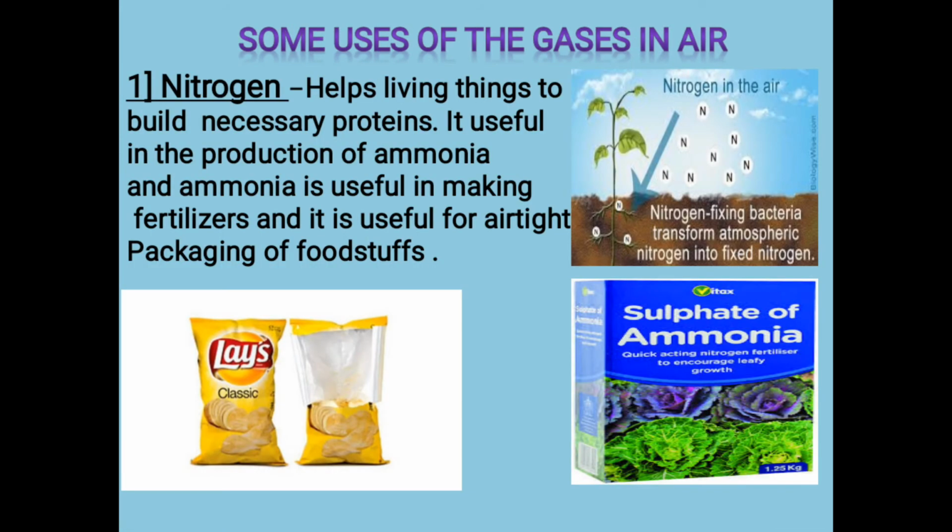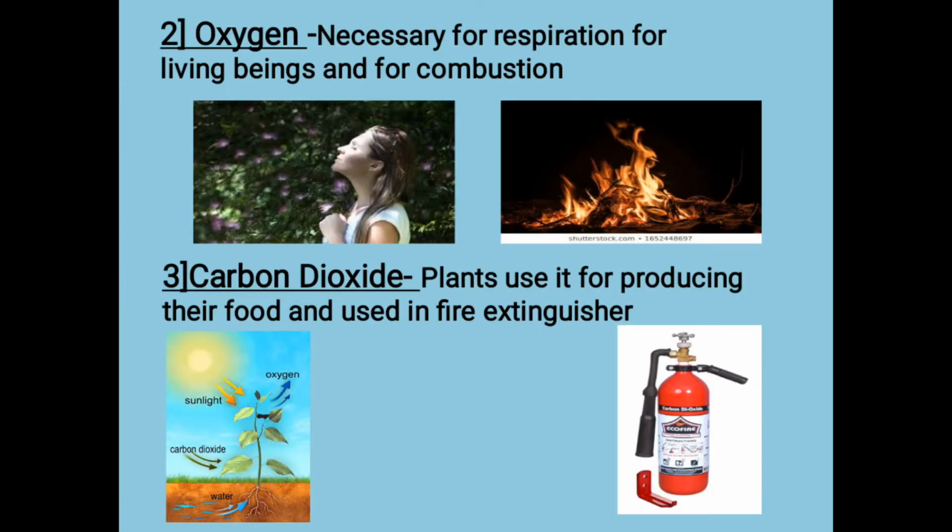Students, do you know that all these gases are useful for living beings to survive on the earth? So, in this slide, we are going to learn about the uses of all these gases. Oxygen. Oxygen is necessary for respiration for all living beings and useful for combustion, means for burning.